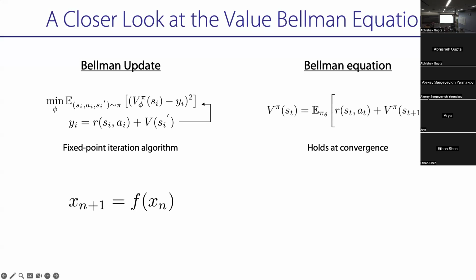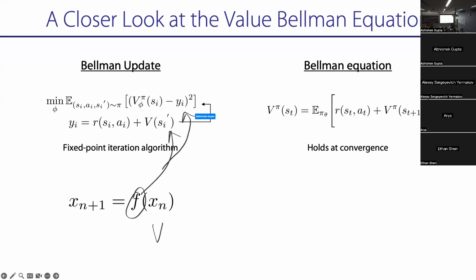A fixed point iteration algorithm says that if you have some update f, you take your x_n and repeatedly keep applying f to it. In our case, f is constructing targets and doing regression. You have your initial set of values V, and you apply this procedure, which is our f, constructing targets and doing regression.